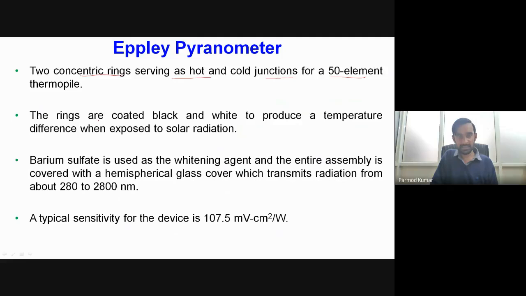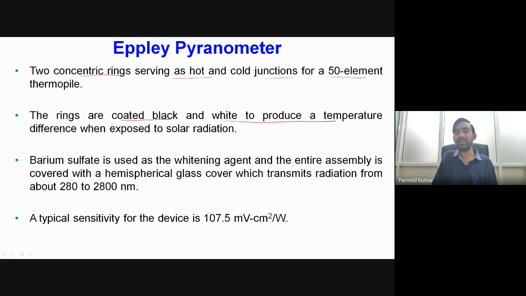The ring at the hot junction is coated black, and the ring which acts as the cold junction is coated white to produce a temperature difference when exposed to solar radiation.